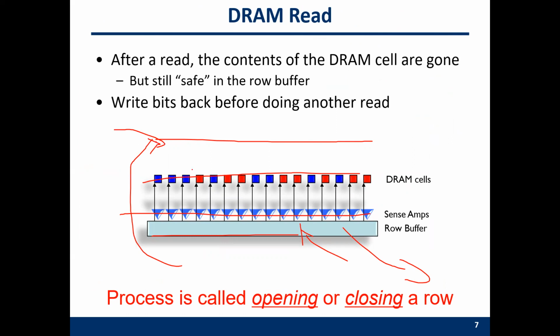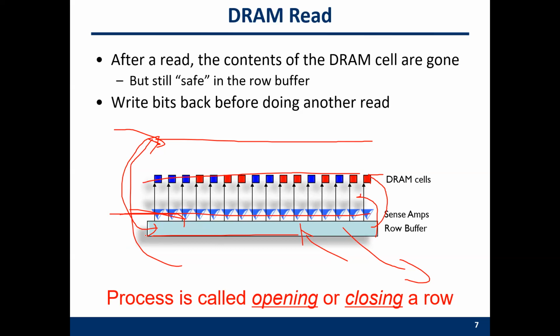If you know that your following request will not access the same row, then after the first request, you can actively close this row. Closing the row means you write the data back to this row, do a restore on this row. And then you have an empty row buffer, an empty sense amplifier. Then when the next request comes to the bank, you can directly read the data from the second row.